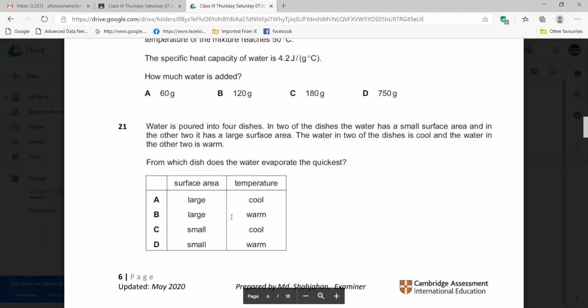Water is poured into 4 dishes. In 2 of the dishes, the water has a small surface area, and in the other 2 it has a large surface area. The water in 2 of the dishes is cool, and the water in the other 2 is warm. From which dish does the water evaporate the quickest?